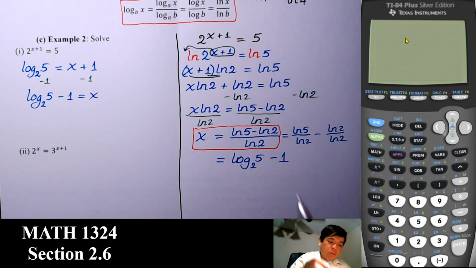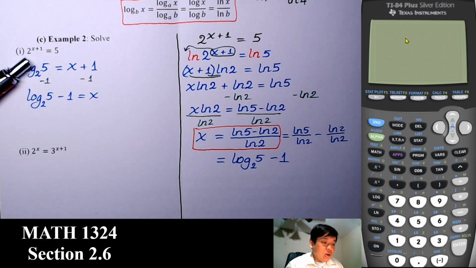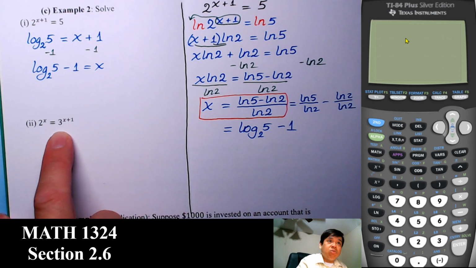Right, bottom line is, when we have an exponential equation where we cannot convert them to the same base, we will take ln on both sides. Of course, you can take the log of any base on both sides, but I prefer to just write ln. It's more generic. So something like this. We don't know what it is.